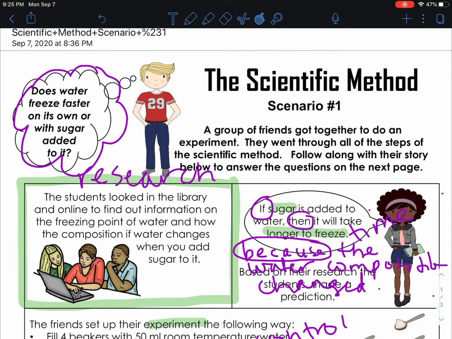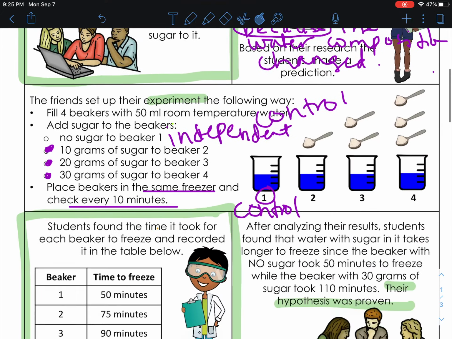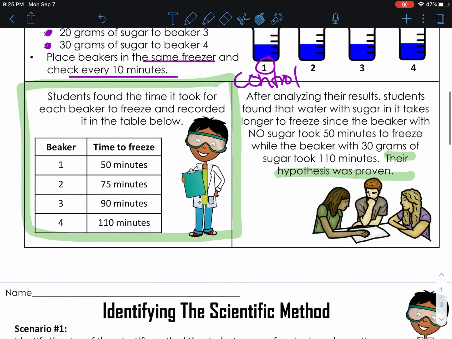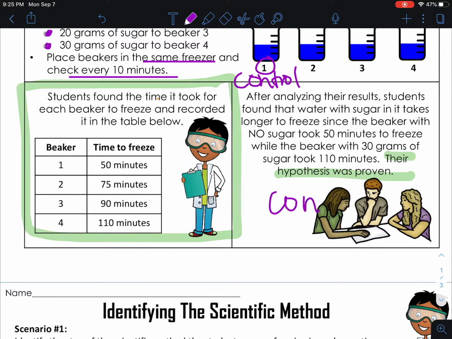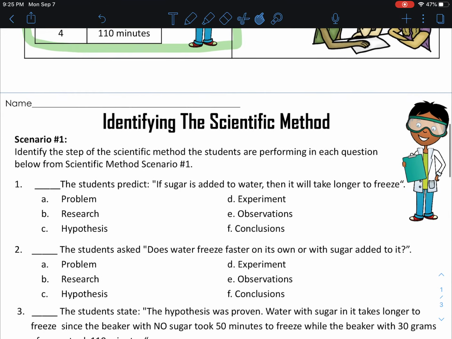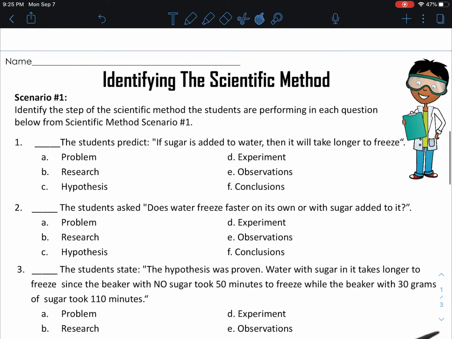Well, they thought it would take longer to freeze if they added sugar. So their hypothesis was proven. So this is their conclusion, where they are analyzing the results and wrapping up and explaining what happened. All right. So now let's go ahead and answer some of these questions.